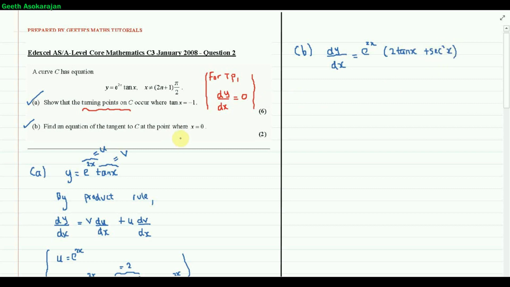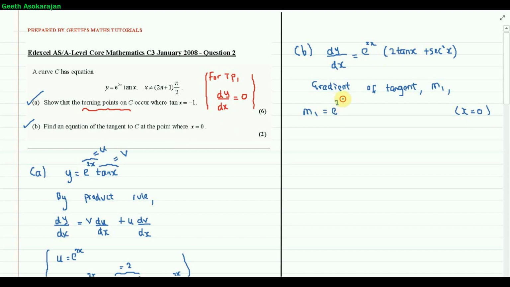And let's find the gradient at the point x equals 0. So that will be the gradient of our tangent. Now I usually call my tangent gradient m1. So in order to calculate m1, the tangent gradient, let's put this x value of 0 into dy over dx.